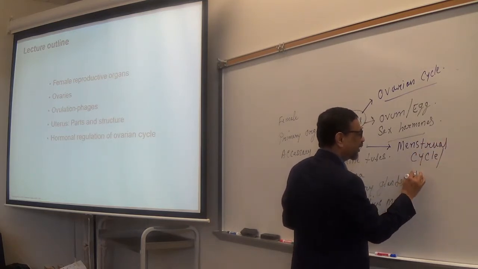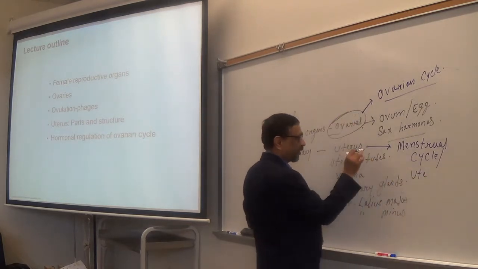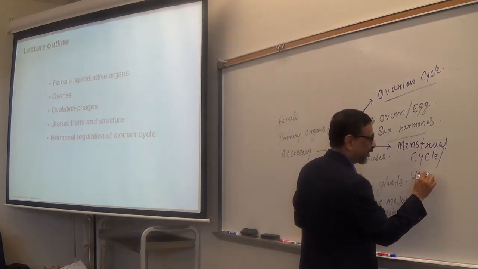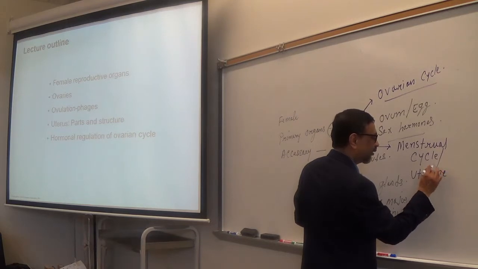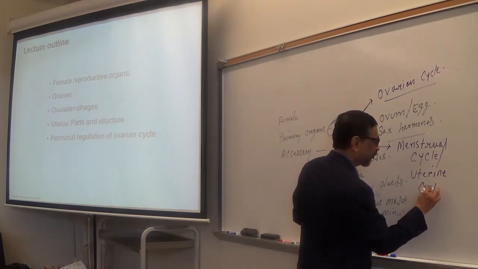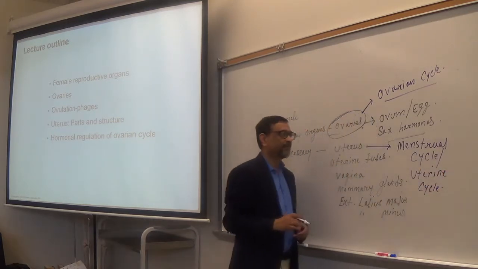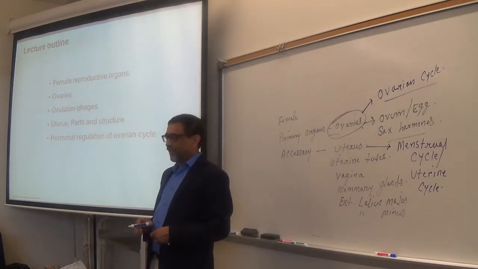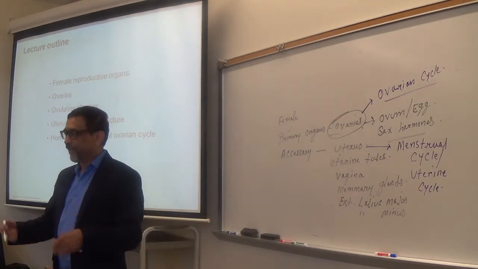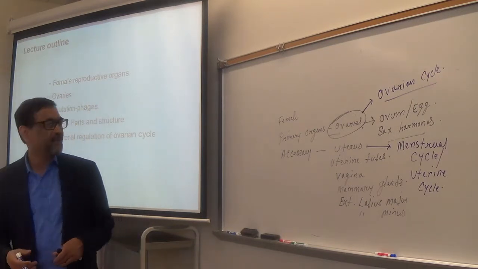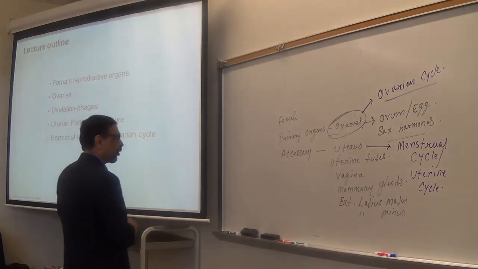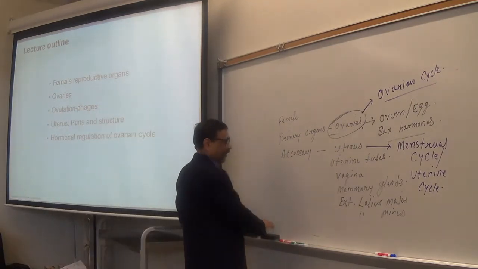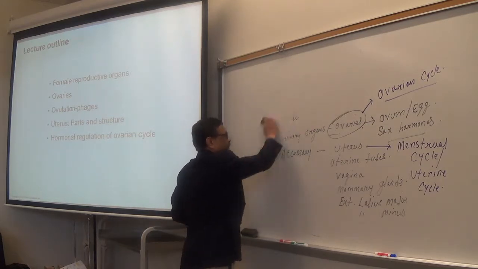Also called the uterine cycle because it happens in the uterus. Same thing, uterine or menstrual cycle. So those two are important cycles in the female reproductive system. We'll talk about that too.